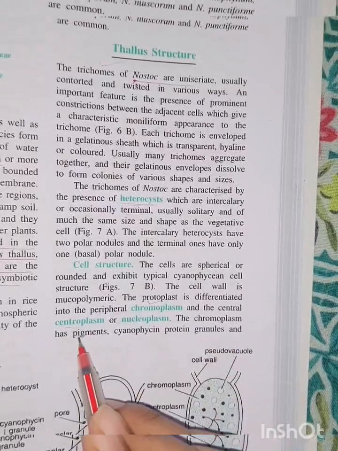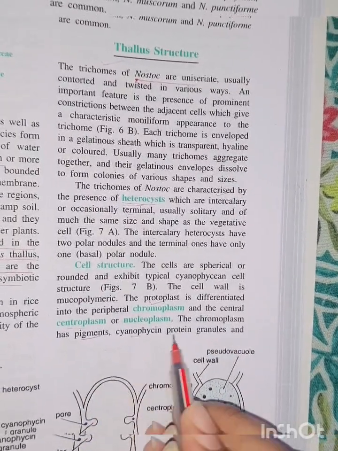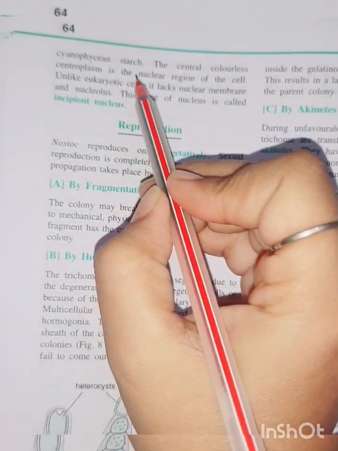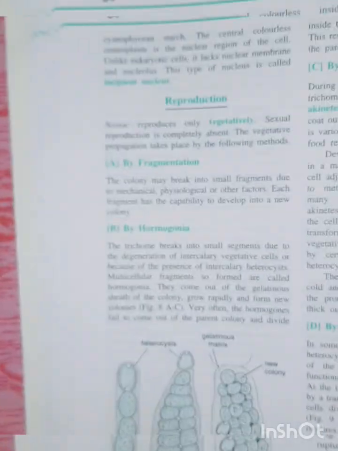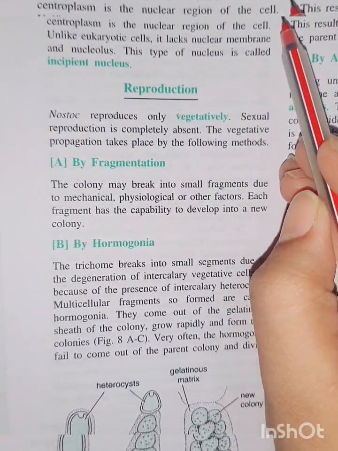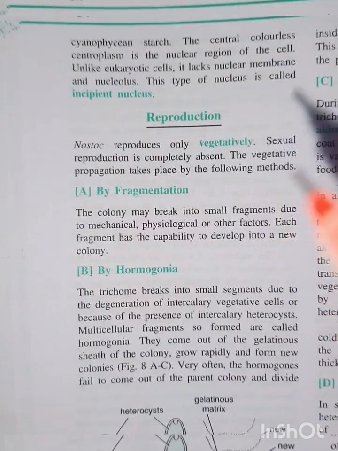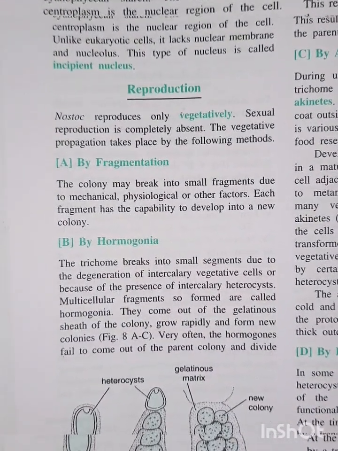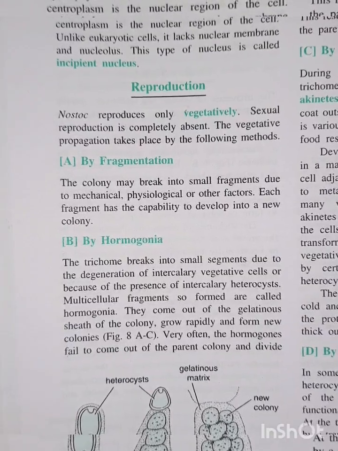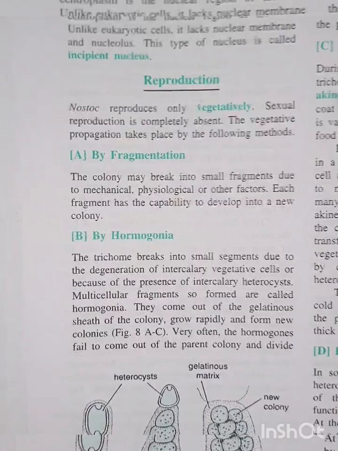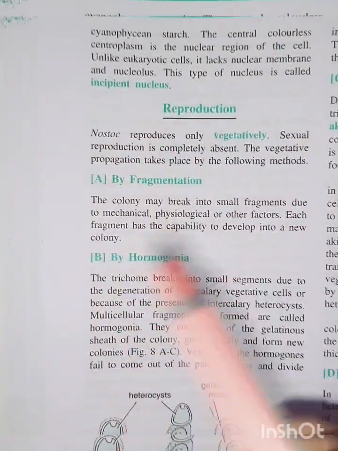The chromoplasm has pigments, cyanophycean protein granules, and cyanophycean starch as reserve food material. The central colorless centroplasm is the nuclear region of the cell. Unlike a eukaryotic cell, it lacks a nuclear membrane, so it is placed under the prokaryotes. This type of nucleus is called an incipient nucleus.